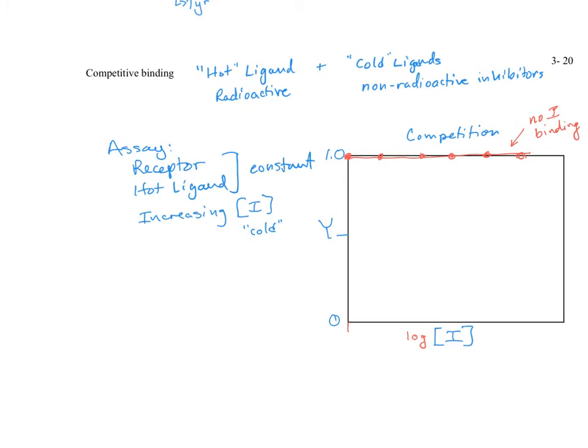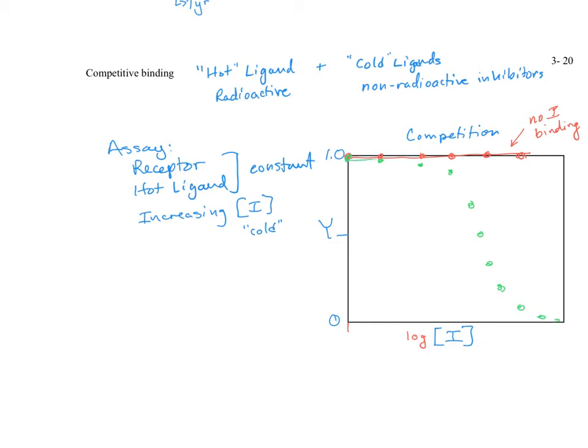Great. Let's take a different color and let's consider something that has relatively weak binding as an inhibitor. Okay, we're going to start with 0 of that inhibitor. You put in some and maybe it goes down just a tiny bit more, and eventually you get enough of it in there, it starts competing and swamping out the other hot ligand.